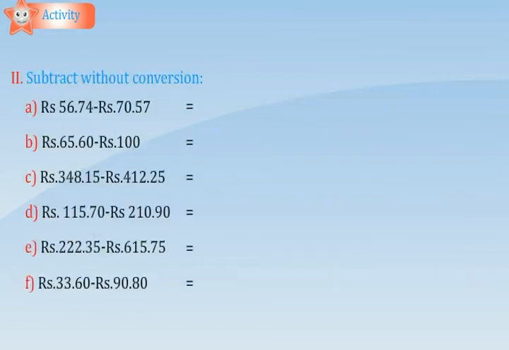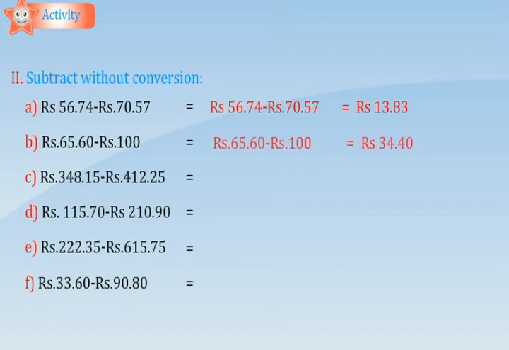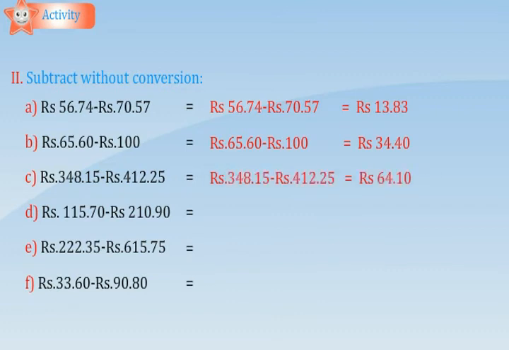Subtract without conversion. Rupees 56.74 minus rupees 70.57. Rupees 65.60 minus rupees 100. Rupees 348.15 minus rupees 412.25.